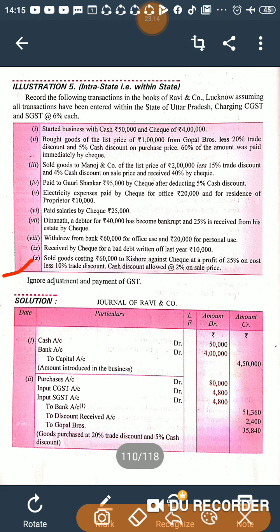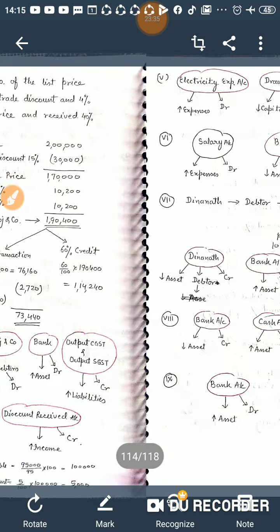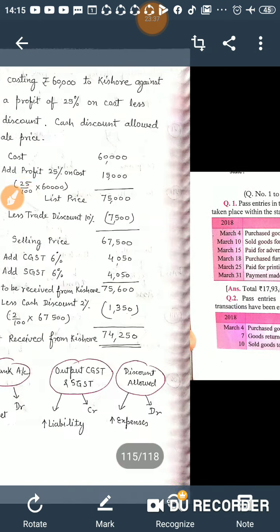So if you go through this transaction, check is mentioned, so the complete transaction is a cash transaction. We are selling goods and we are receiving payment from the customer, that is Kishore here. So I'm showing you calculations and explanation for this.